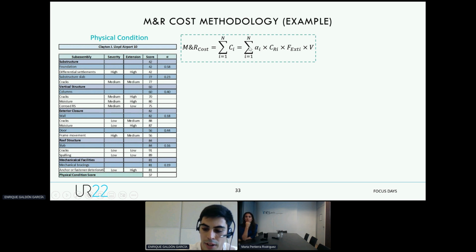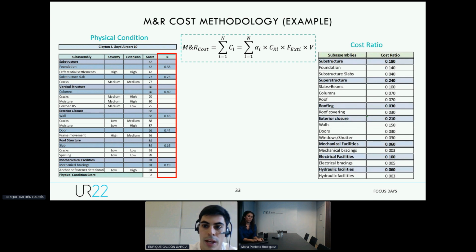It's alpha, and these values are related directly with the physical condition. More or less, this value refers to the percentage of damages of the subassemblies. So an alpha of 0.58 means that the damage of this subassembly is more or less 58%.